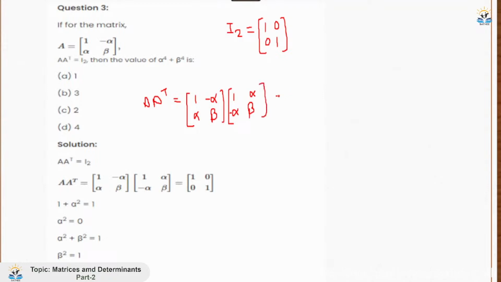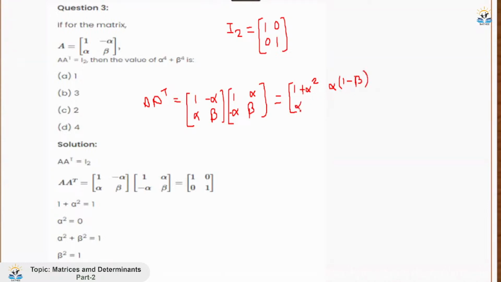Okay. So this thing is how much? This is equal to 1 plus alpha square, then alpha minus alpha beta. So take alpha common. Alpha into 1 minus beta.